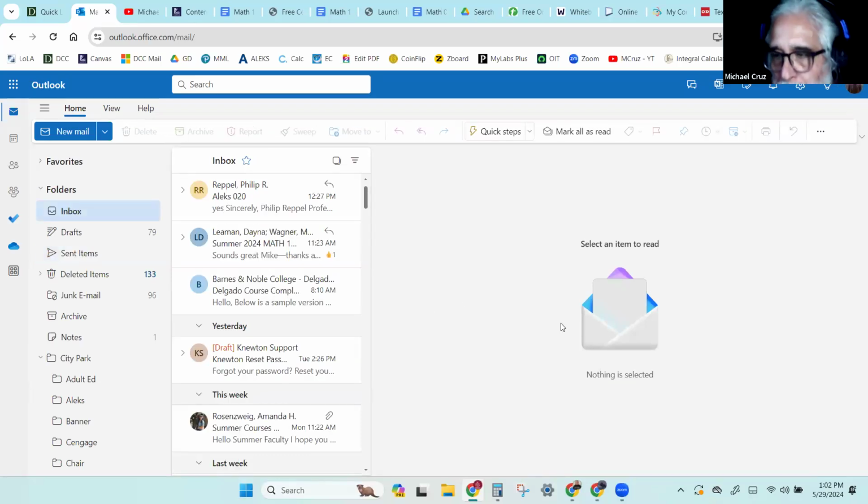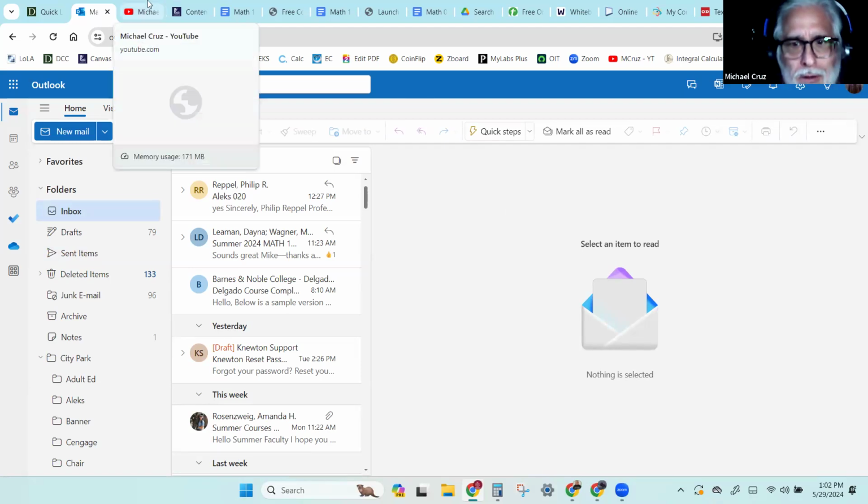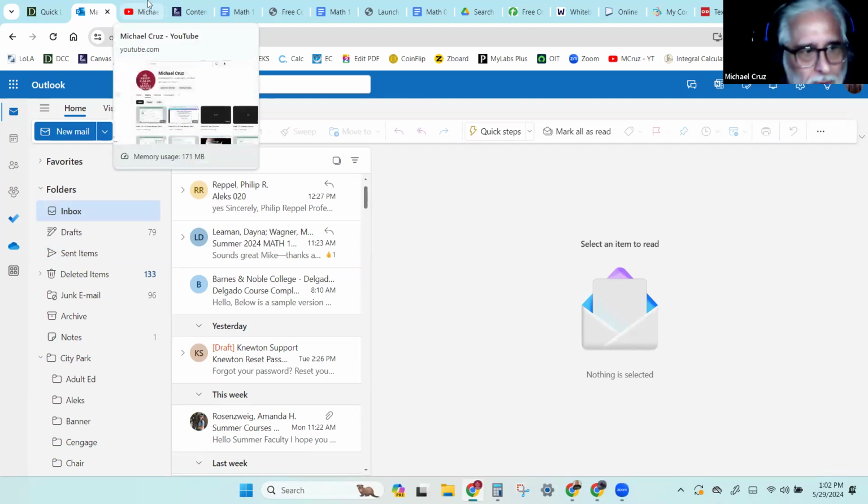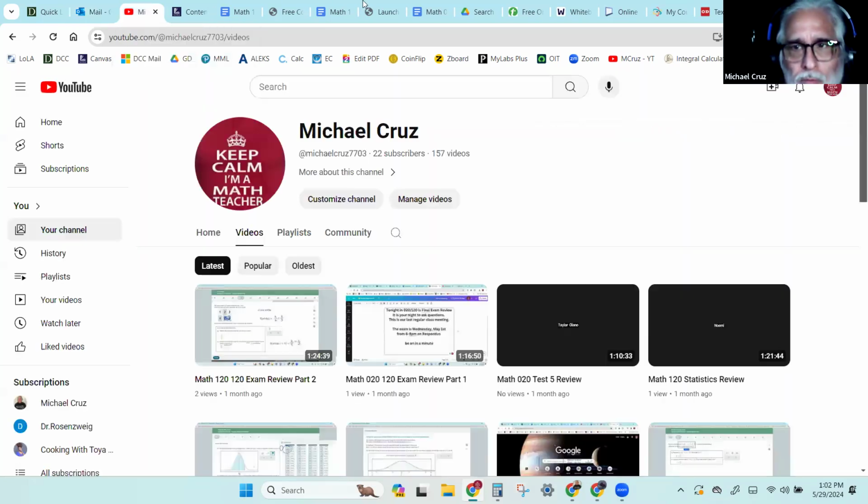So, is anybody having any trouble getting in or anything to the Zoom? I suspect that might be the issue with half these students. I had a student tell me that they were in class during the 11 o'clock time and nobody was there. I'm thinking what they were in is they were in this one, the 120, while we were in the 020.